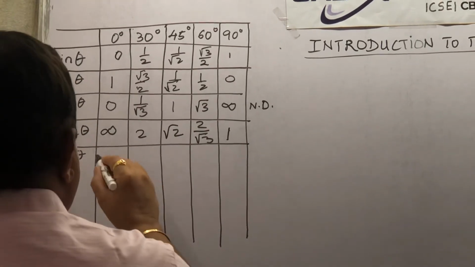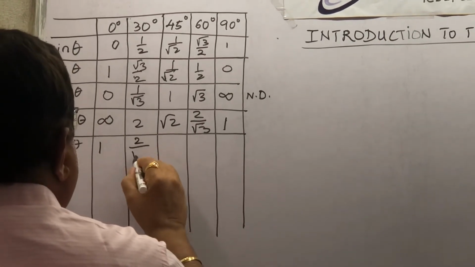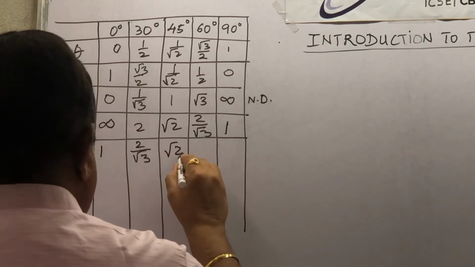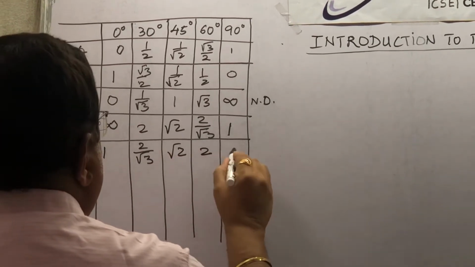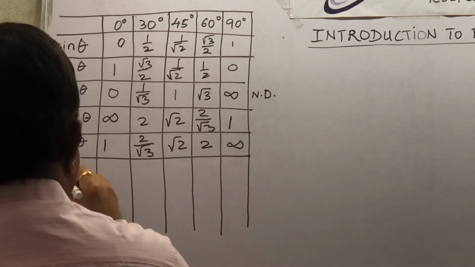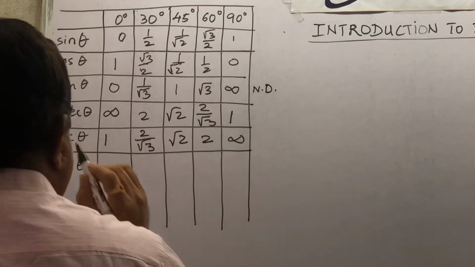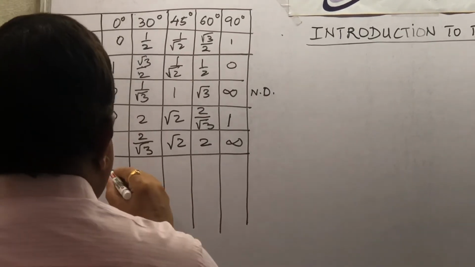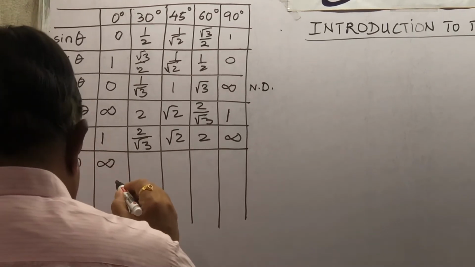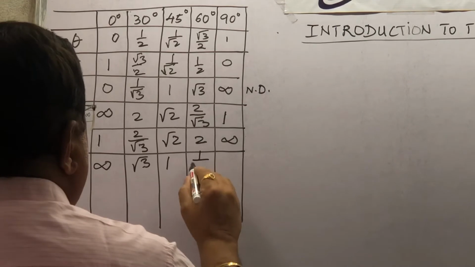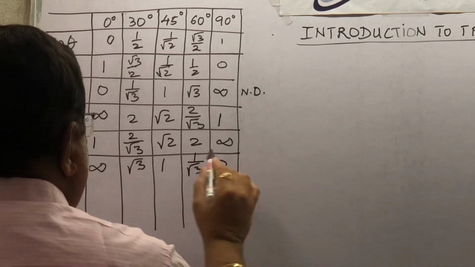So 1, 2 upon root 3, then root 2, then 2, and then not defined. And lastly, we have cot theta. Cot theta, you can divide or you can memorize. Not defined, root 3, 1, 1 by root 3, and 0.